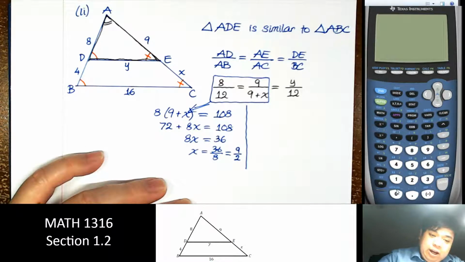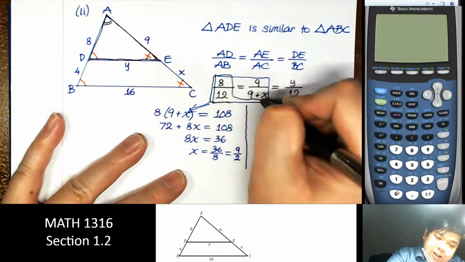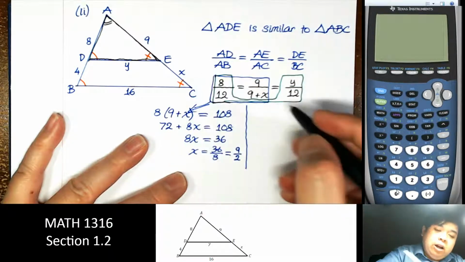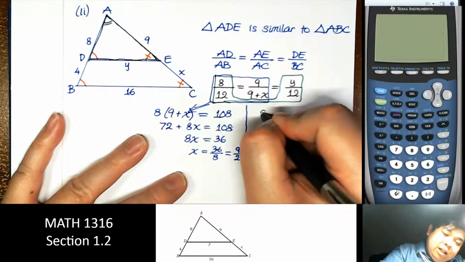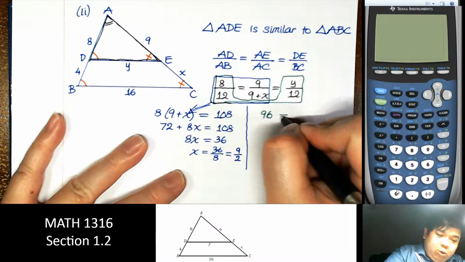Right. Next, we take the first and the last ratio, cross multiply 8 times 12, that is 96, equal to 12y.